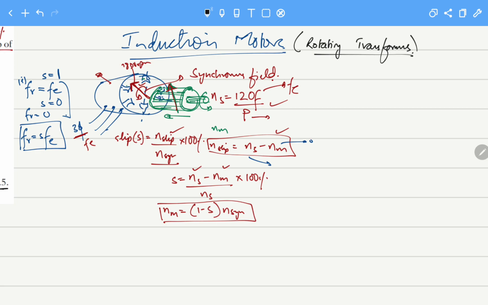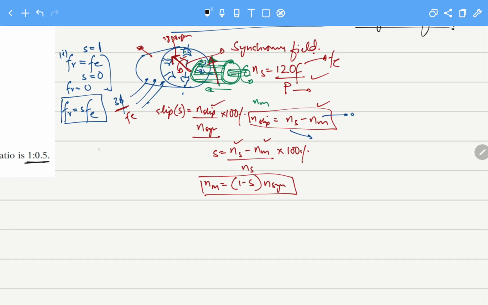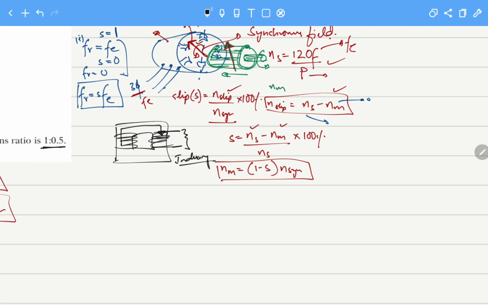Why are they known as rotating transformers? Because in a stationary transformer, the primary produces a flux, and the winding is stationary, but the flux is changing and cutting this winding and inducing a voltage.